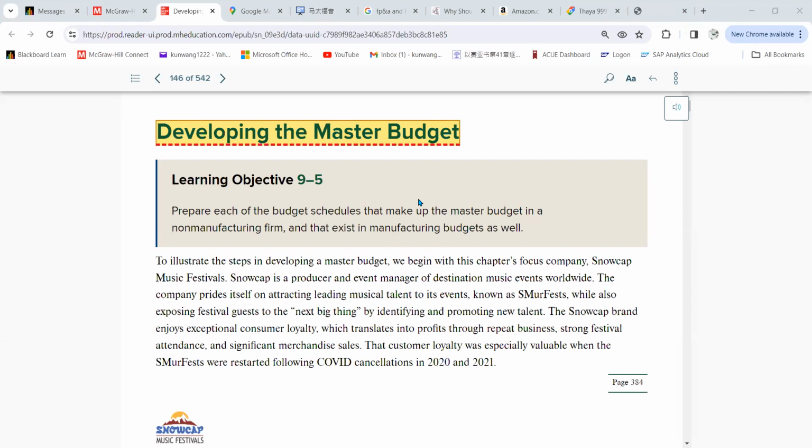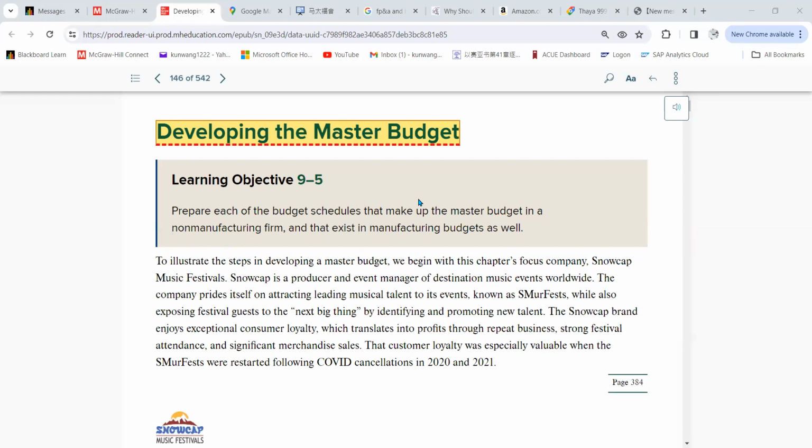The budgets for this company are unique because the music event occurs only in the third quarter of the year, but the preparation of the event starts from the beginning of the year, such as the advertising, promotions, and also the event organization.